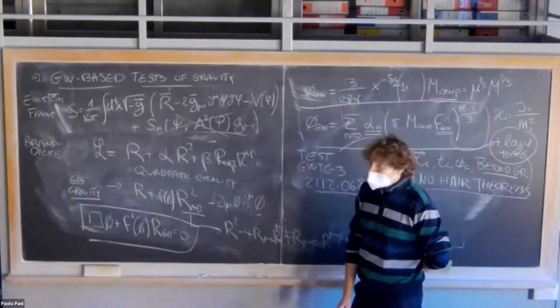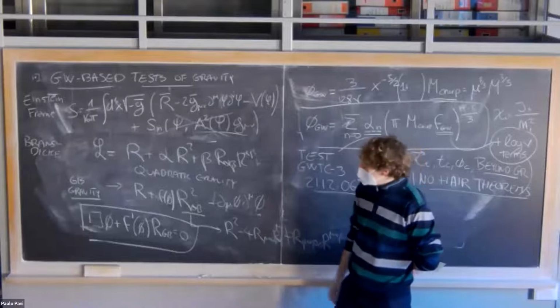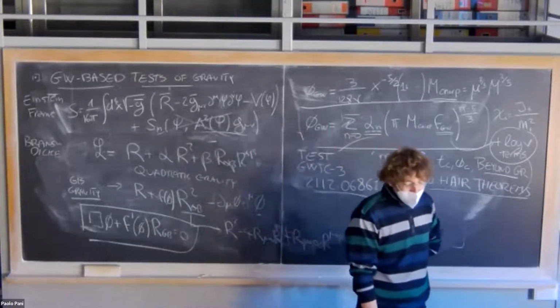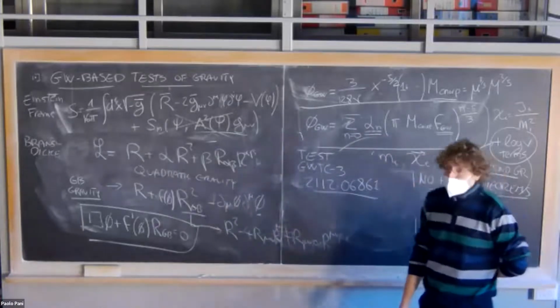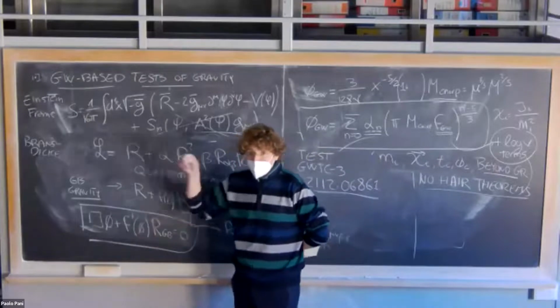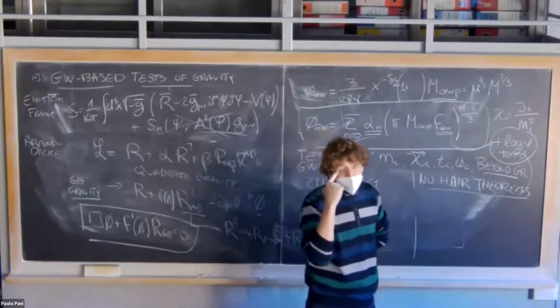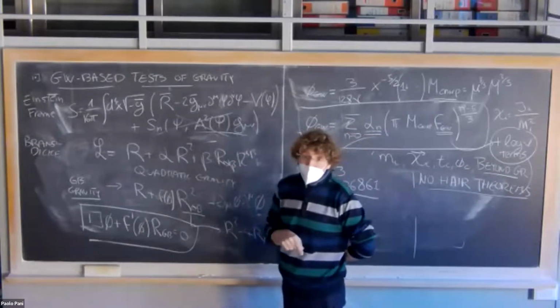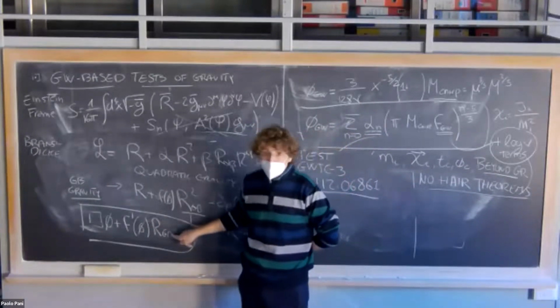Because, for example, for a Schwarzschild black hole, the Gauss-Bonnet term is not zero. And therefore it tells you immediately that whenever f'(φ) computed at 0 is non-zero, the Schwarzschild solution with zero scalar field is not a solution of this theory.